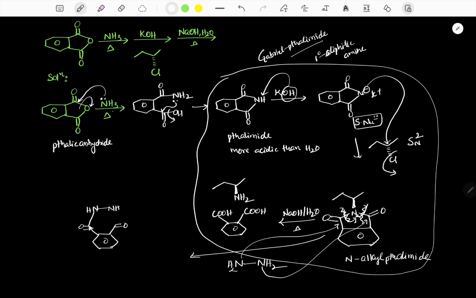Whenever hydrolysis is difficult, we use hydrazine, and finally we get the corresponding aromatic compound and our required aliphatic primary amine.